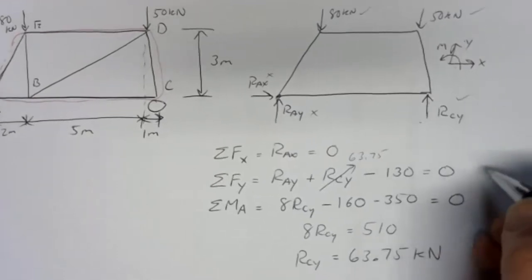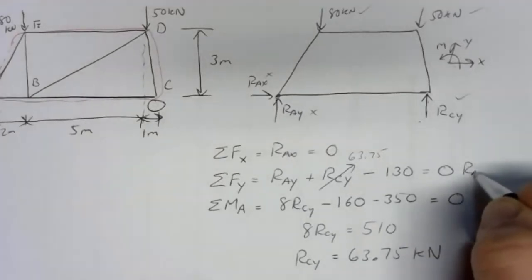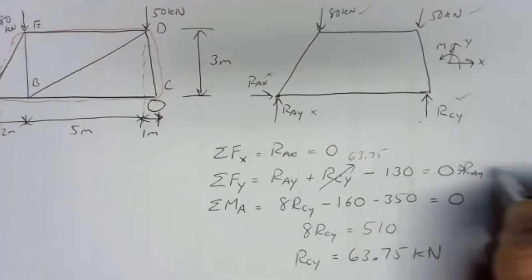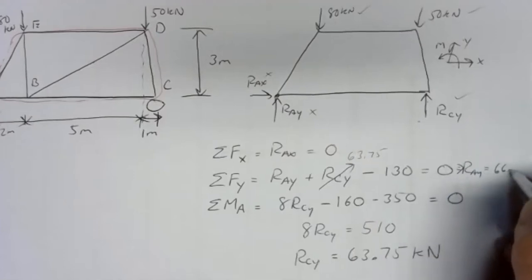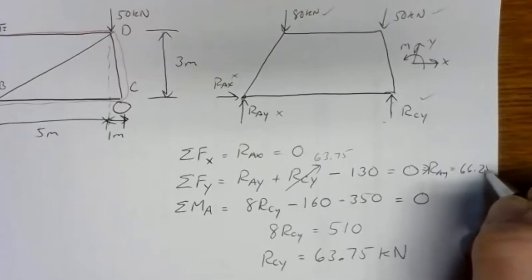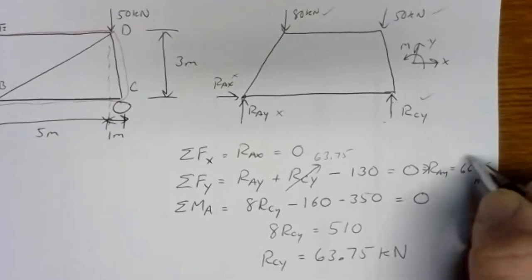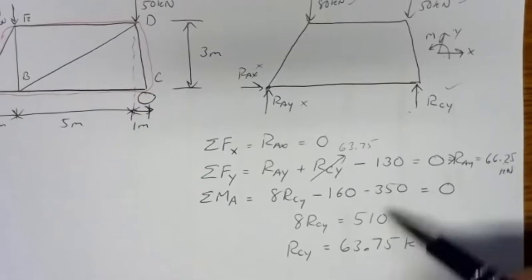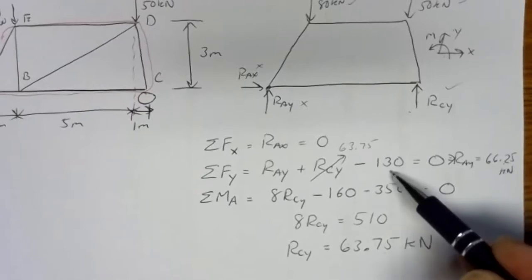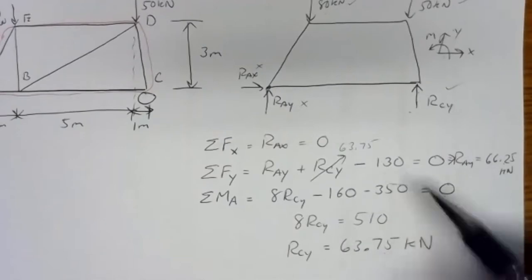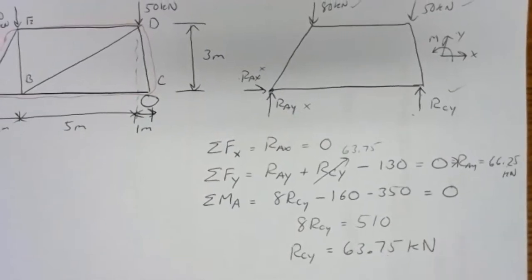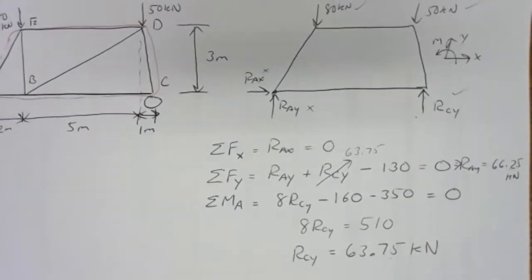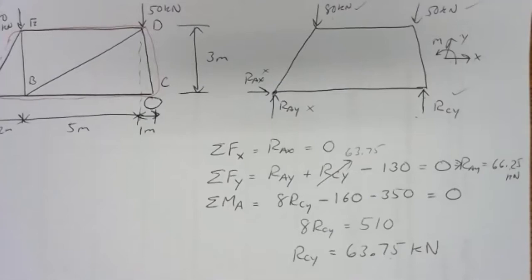So RAY is 66.25 kilonewtons, since 66.25 and 63.75 will add up to 130. So there we've got our reactions. And that's the first step to being able to solve the method of joints problem.